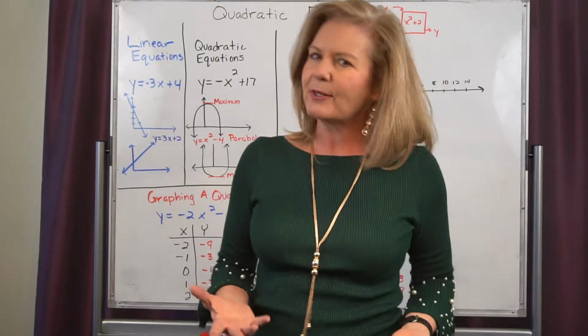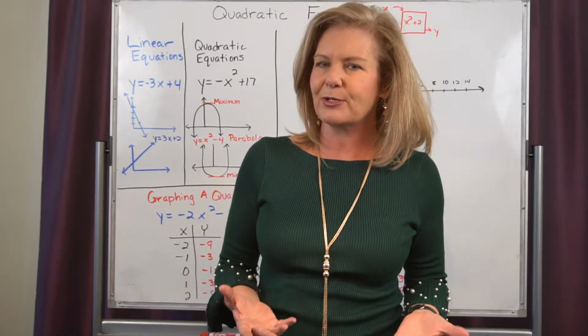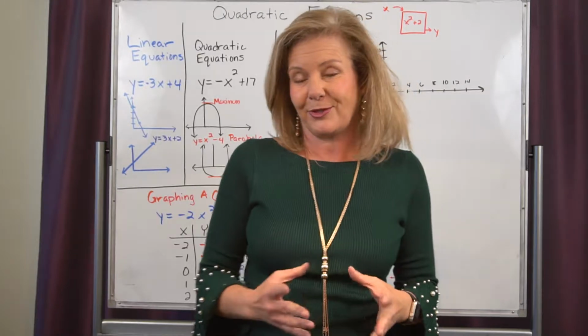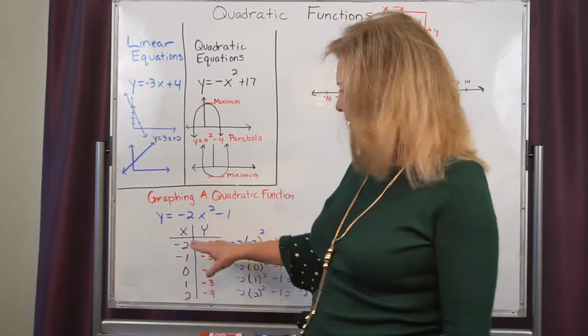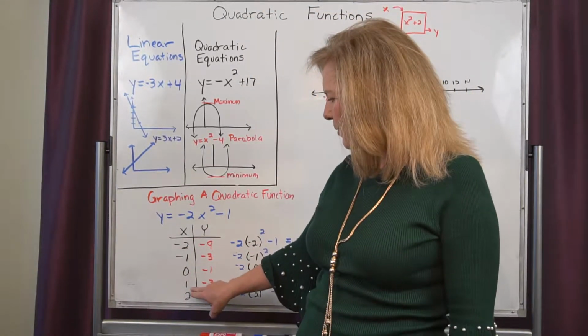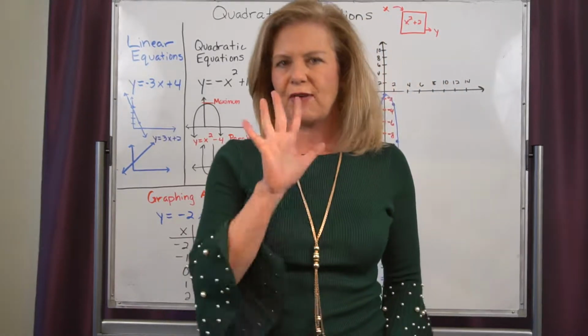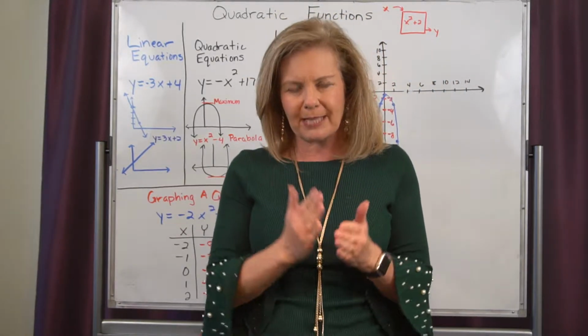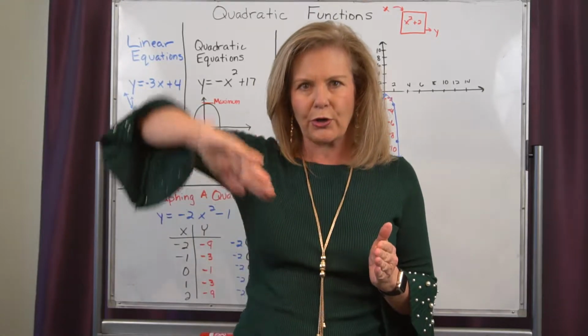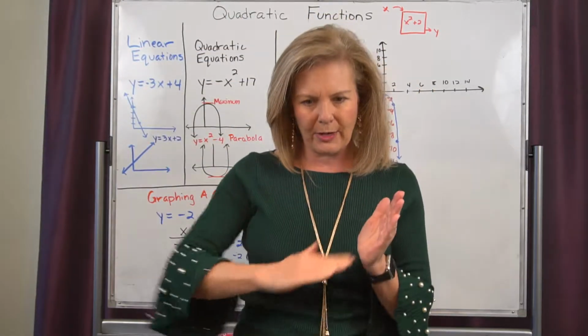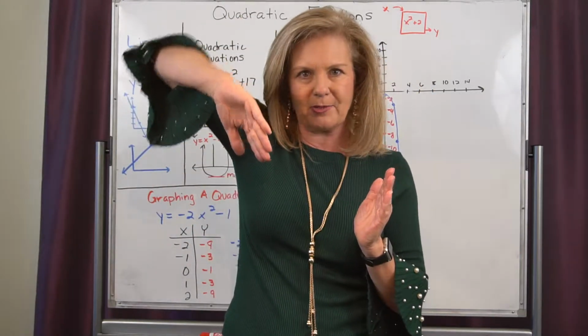Just like with linear equations, I had some favorite numbers. In quadratic equations, I do too. And my favorite numbers are -2, -1, 0, 1, 2. Now notice I chose 5 points because I really want to be able to capture that whole curve, where it starts, where it bottoms out, and where it comes back up again.